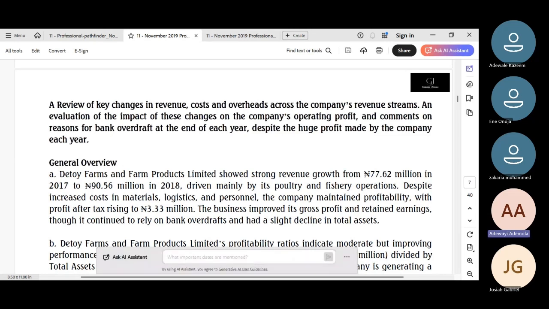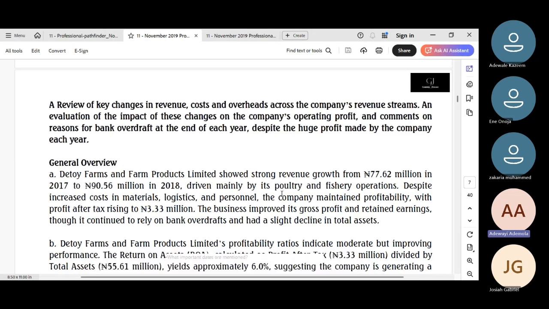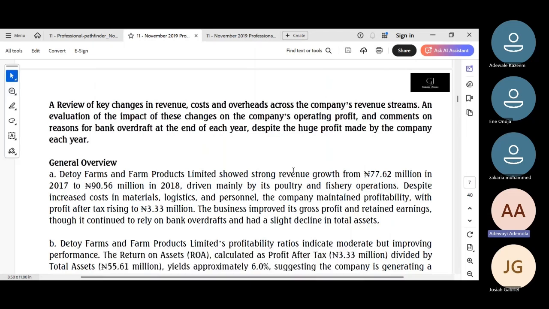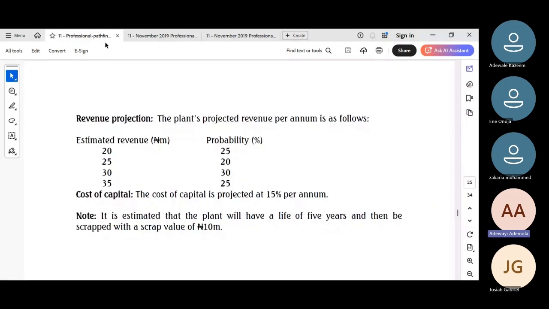So my challenge is this. Just like we are saying, for instance, we are able to do requirement one, and going on to requirement two, we couldn't finish up.